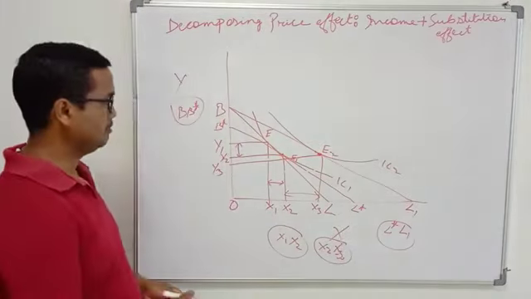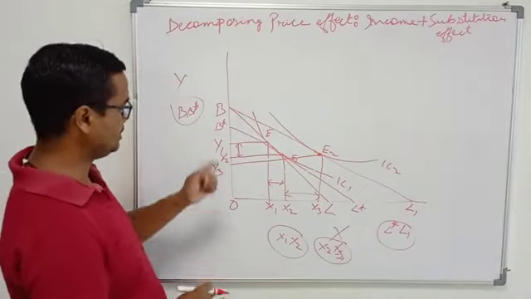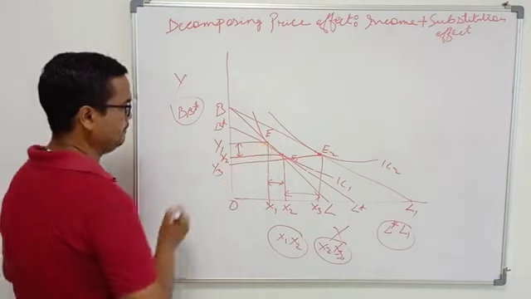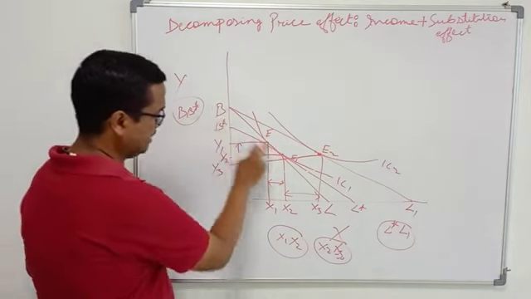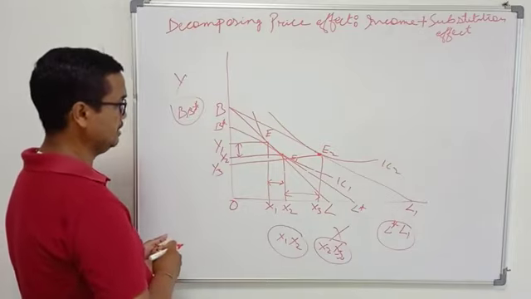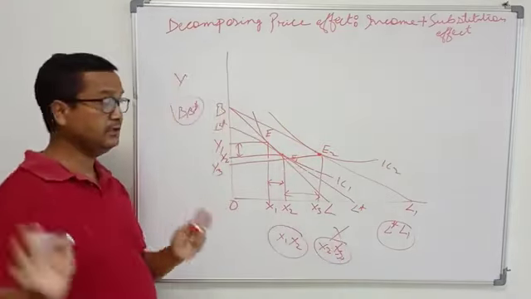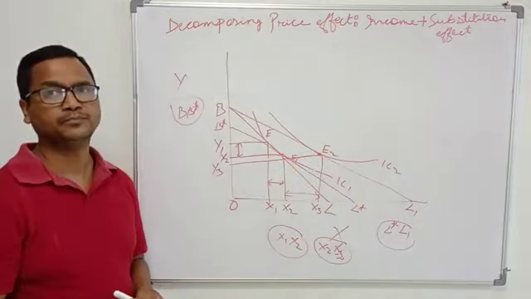Here you have to understand. Initially the consumer was at point E, when the budget line is BL. But due to falling prices, the budget line shifted to BL1, and the consumer finally reached point E2.